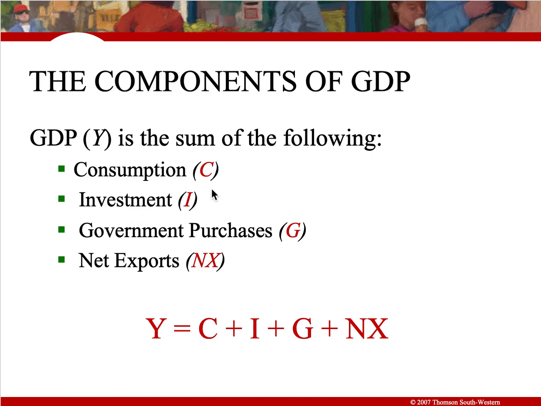And the second component is investment. And then the third component is government purchases, perbelanjaan kerajaan. And the final component is the net export.